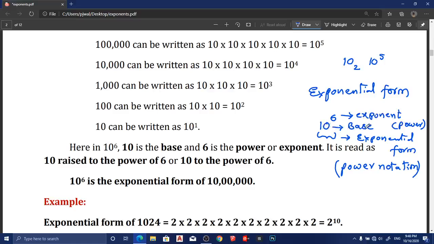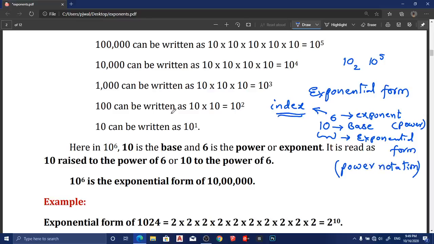In some textbooks, this exponent or power is also called the index. These names you have to remember: this is base, this is exponent or power, and the exponent is also called the index. In some standard textbooks in higher classes, it can be written in the form of index also. And this total expression is called the exponential form or power notation.